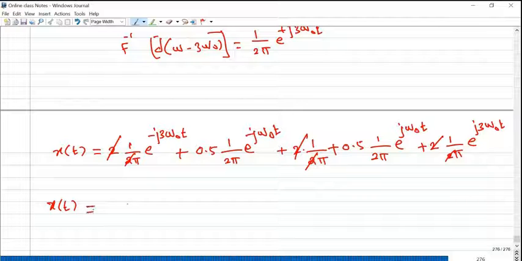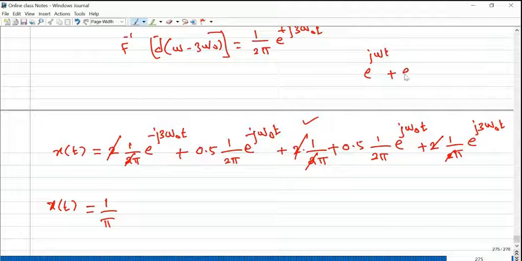X of t, this is 1 by pi. This term is 1 by pi. Okay. Next, e power j omega t plus e power minus j omega t. Okay. E power j omega t plus e power minus j omega t equals 2 cos omega t.